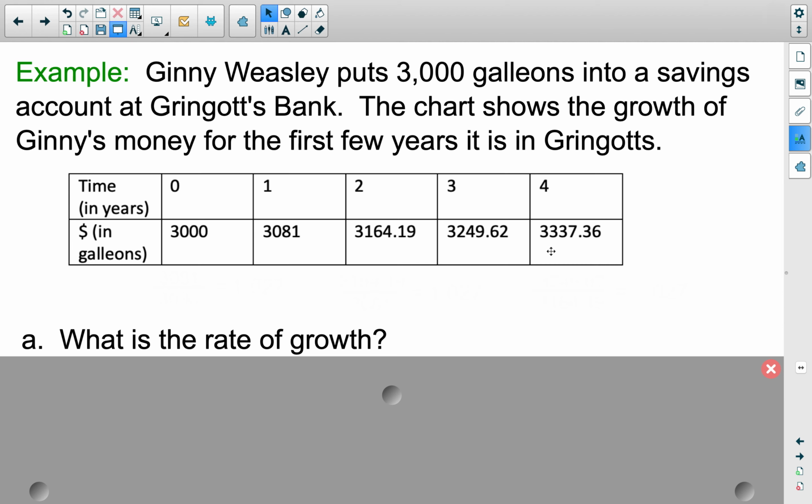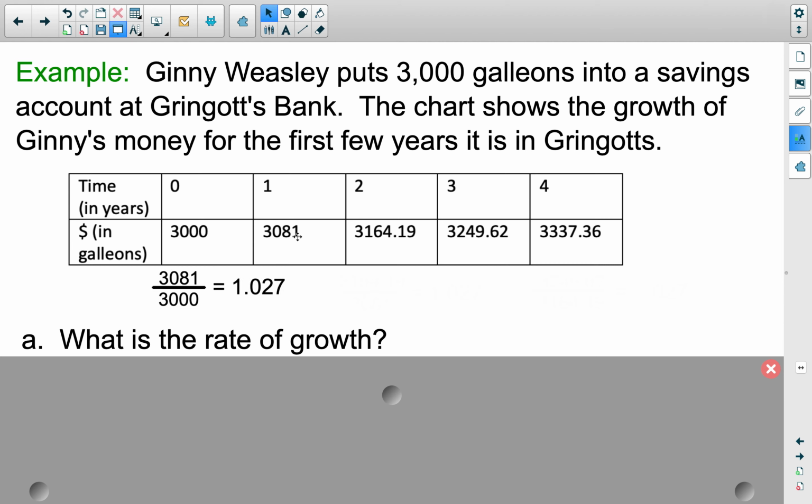And so I rule that out, and I think, well, money sometimes can grow exponentially because usually they offer you an interest rate, which is exponential growth. So I'm going to multiply 3,000 times something to get here, times that same something to get here, times that same something, but I don't really know what that is. If I work backwards, if I take each year divided by its previous, that will tell me the rate of growth if it's consistent.